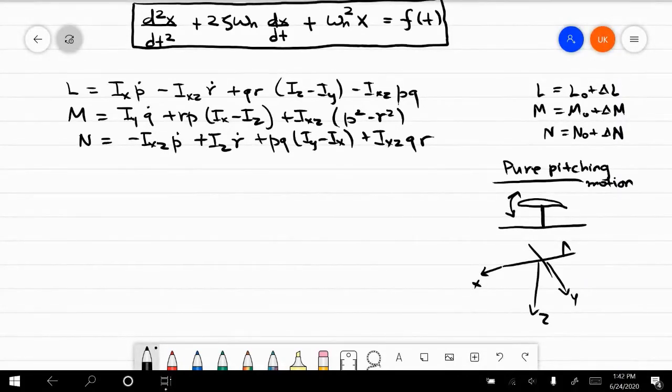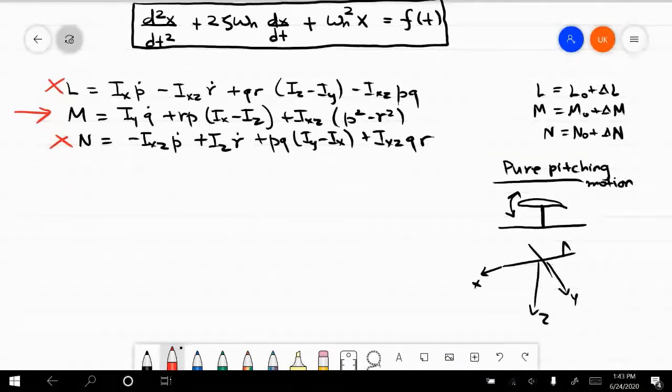We are only letting the aircraft pitch up and down, meaning only rotation about the y-axis is allowed, which already means that we don't care about moment about the x-axis and moment about the z-axis. These equations go away because there is no moment about the x and z-axis. There is only moment about the y-axis, which represents the pitching moment, and so only this equation is going to remain. So already the math is significantly simplified.